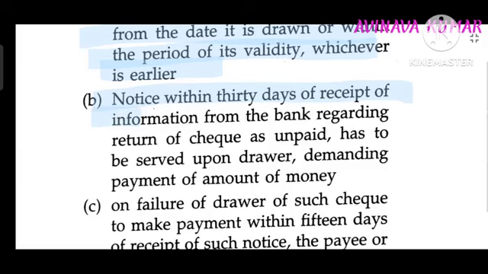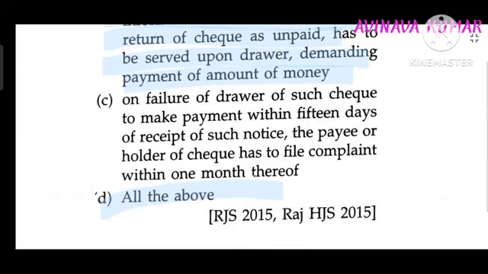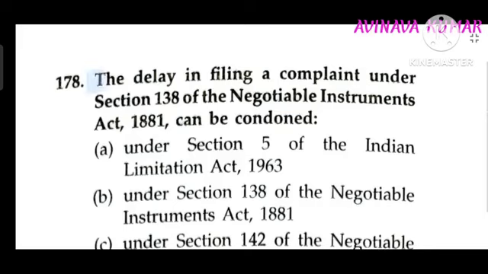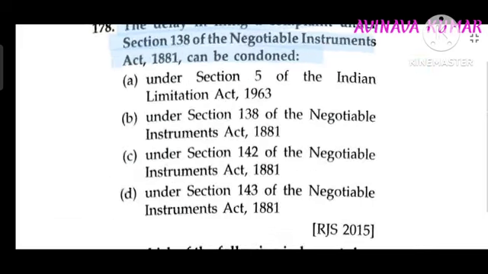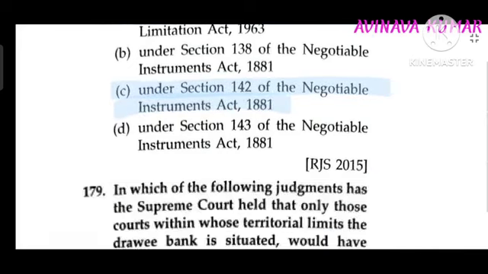Notice within 30 days of receipt of information from bank regarding the check being unpaid has to be served upon drawer demanding payment of the amount of money. On failure of drawer of such check to make payment within 15 days of receipt of such notice, the payee or the holder has to file a complaint within 1 month thereof. The delay in filing of complaint under Section 138 can be condoned. Section 142 of NIA.